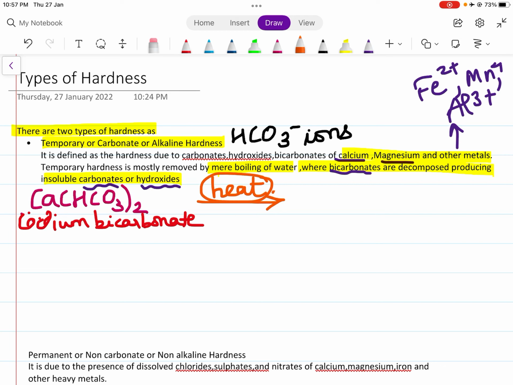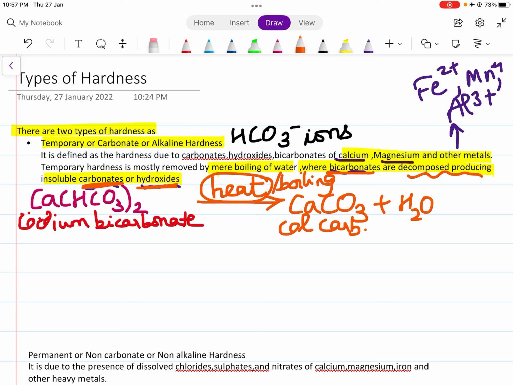Heat means nothing but boiling. The bicarbonate will decompose forming carbonates or hydroxides. So calcium bicarbonate forms calcium carbonate plus H2O plus CO2. Calcium bicarbonate will not form calcium hydroxide on heating. It will form calcium carbonate. Very important that calcium bicarbonate forms calcium carbonate.